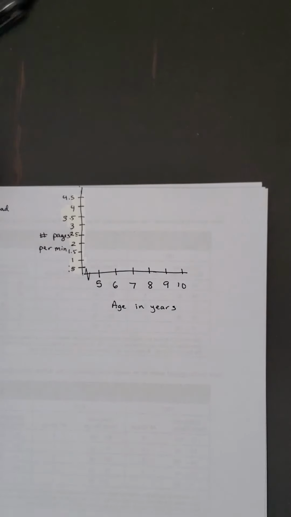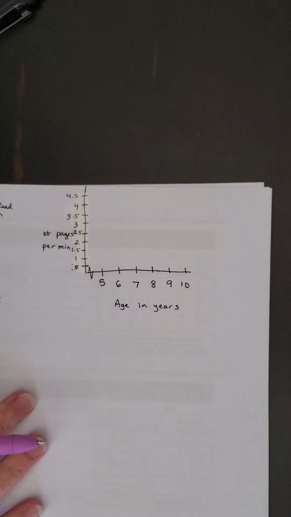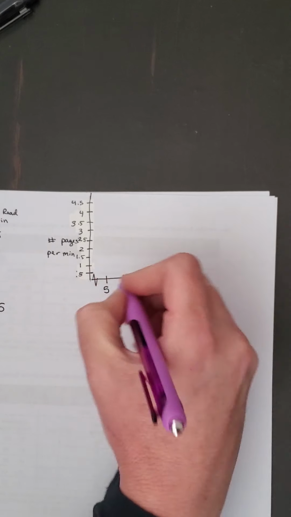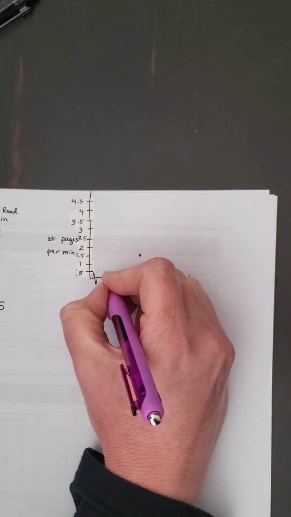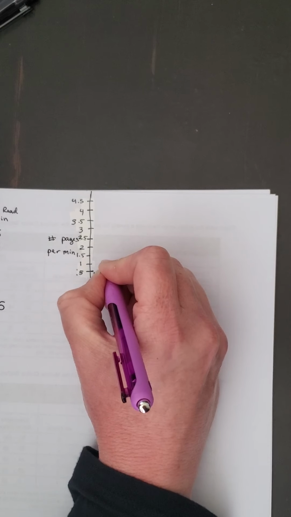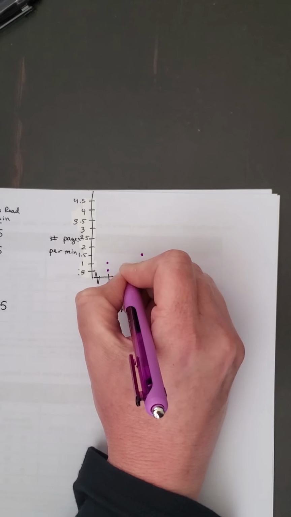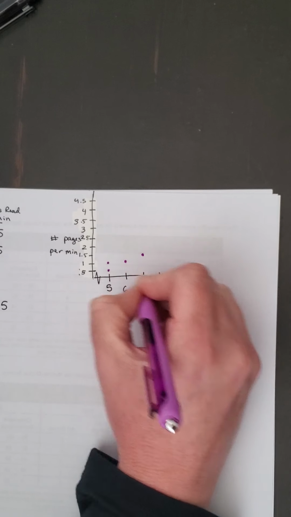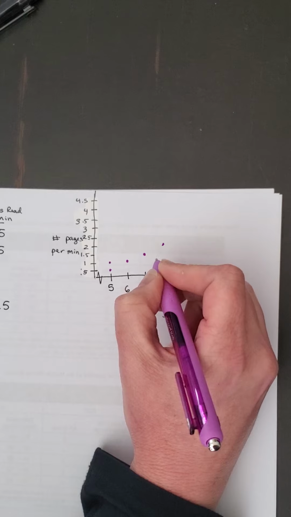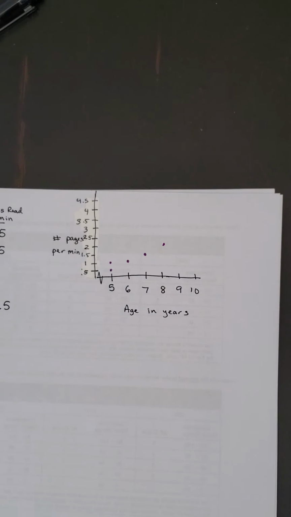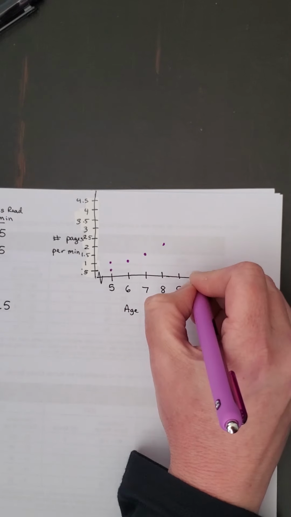Okay, so we're going to sketch in this data. Again, this is a rough sketch, but this is our scatter plot. And so we'd have 7, 1.5, so roughly right here, 5, 0.5, 5, 1, 6, 1, 8, 2.5, and 10, 4.